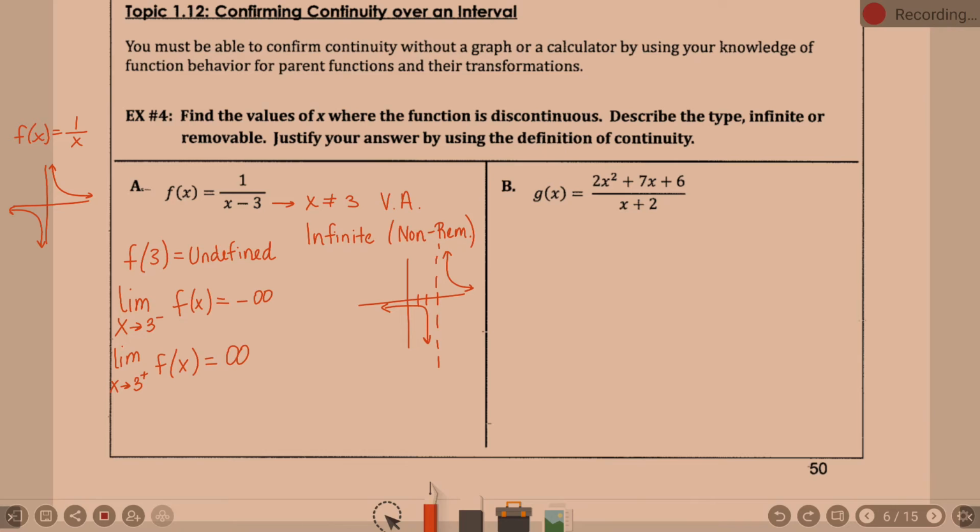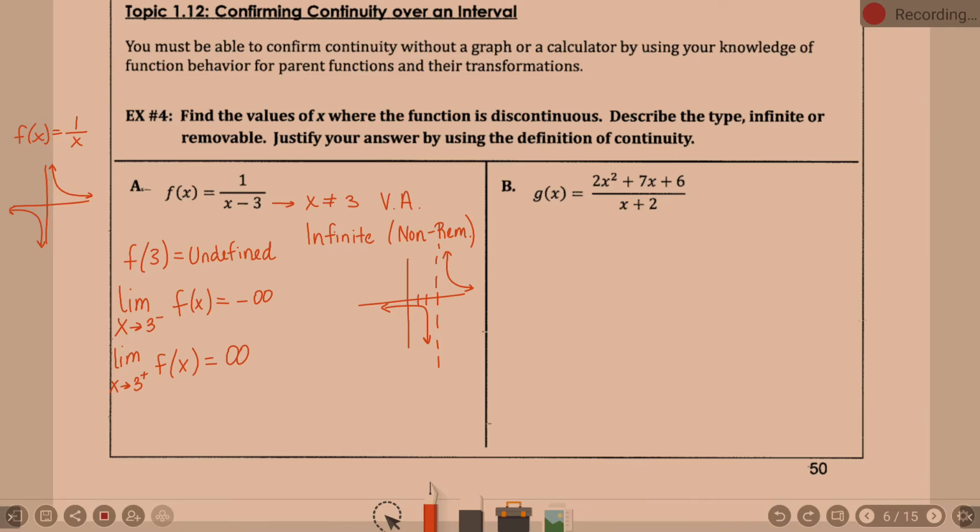The other way to do this, if your brain graph fails and you don't have access to your calculator: could we plug in things like 2.9999 and 3.0001? Yes. From the left, 2.9999 minus 3 is a negative 0.0001, and even farther it's 1 divided by negative 0.000001.